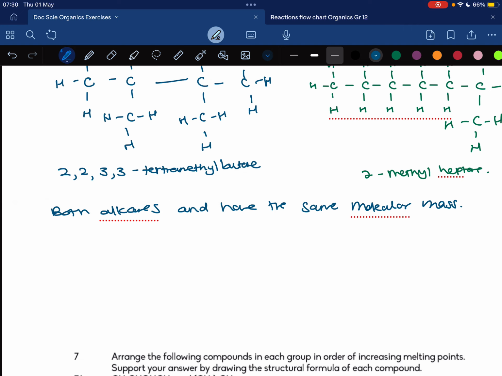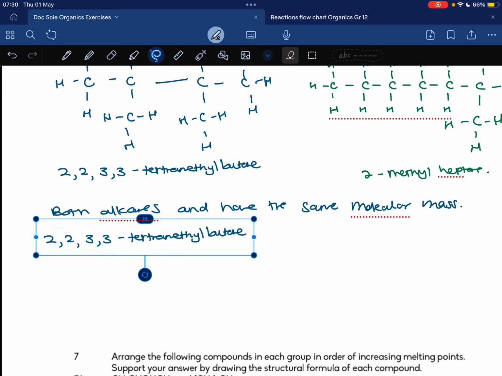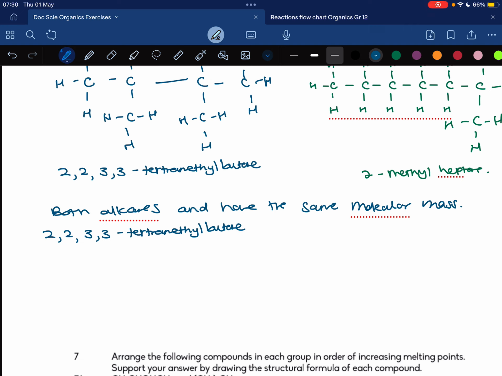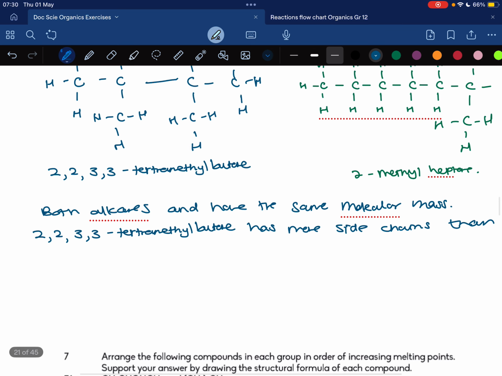But I can see that the 2, 2, 3, 3 tetramethylbutane has many more side chains than the 2 methyl heptane.